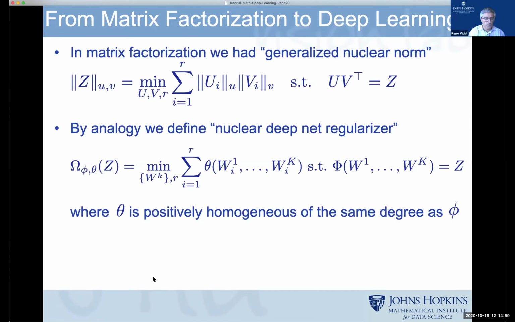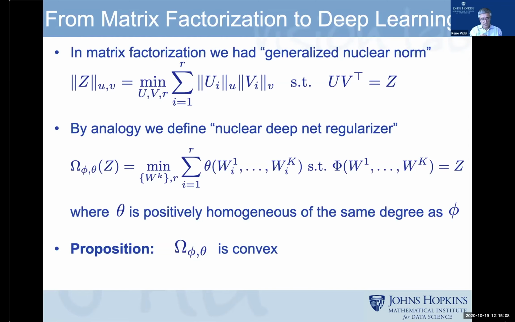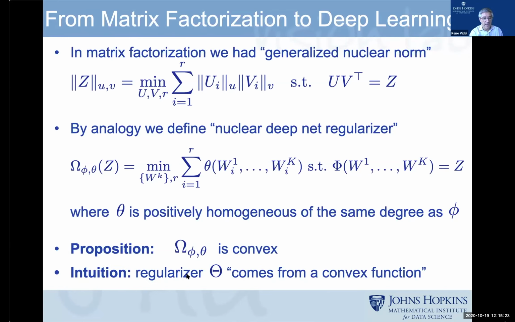Okay, so with that in mind, here's the key result. That function, omega, is a convex function of Z. Even though phi is non-convex, even though theta is non-convex, this is a convex function of Z. And so the gist is really that the regularizer that we are going to put on the weights of the neural network somewhat comes from a convex function.